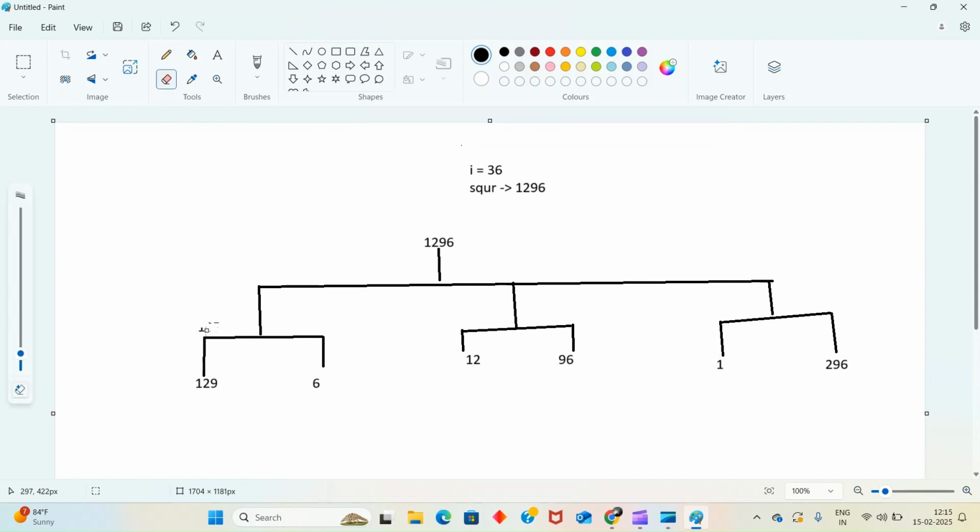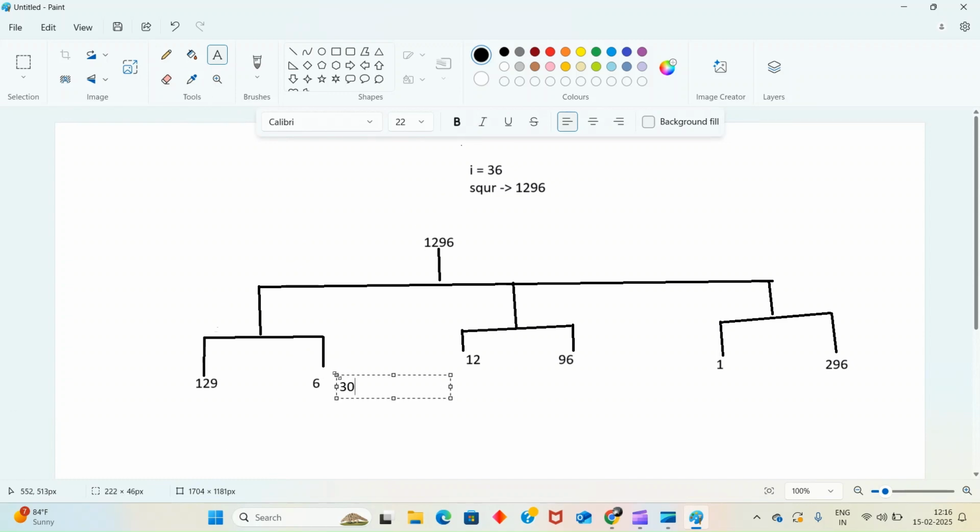Instead of finding the sum, we can subtract from 36. If I do 36 minus 6, what will I get? 30. Here I'll use a different color. So here my 30 is remaining. Why? This 6 we considered in our partition, and for 129 we can do partitions again.